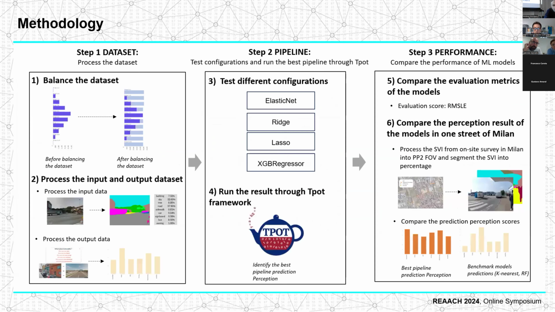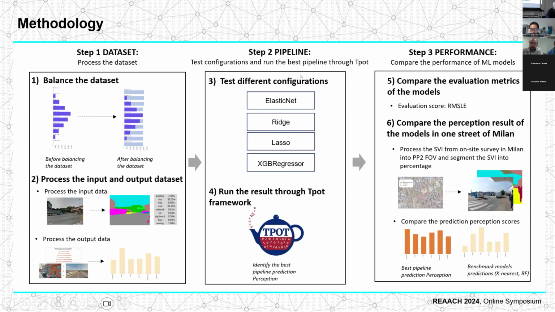Our method is organized in 3 main steps. The first step was to balance the differences in the representation of each of the 6 variables. Then we applied image segmentation onto the picture set of Place Pulse to connect the urban features obtained from the pictures with the perception variables.